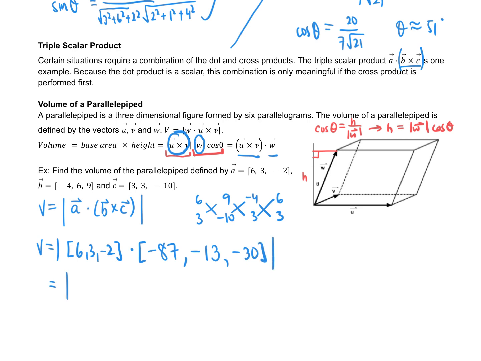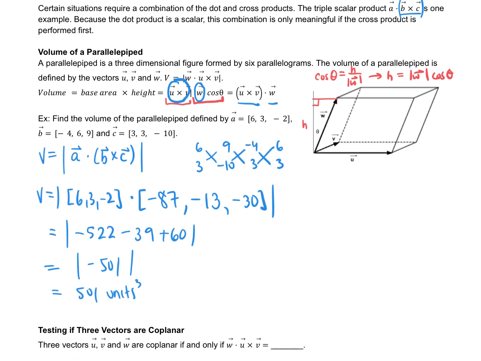Now let's take the dot product, 6 times negative 87, negative 522, 3 times negative 13, negative 2 times negative 30. Let's add these up and we get negative 501, which would be 501 units cubed.